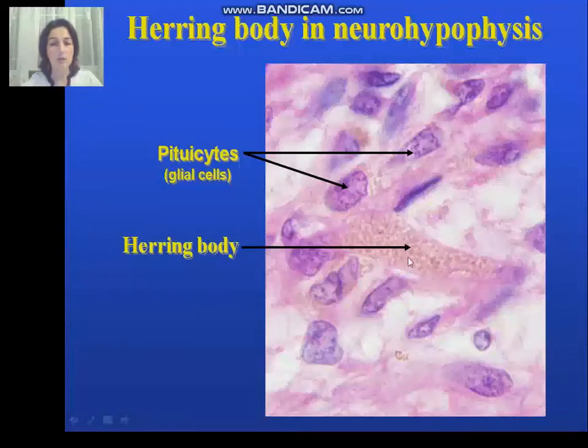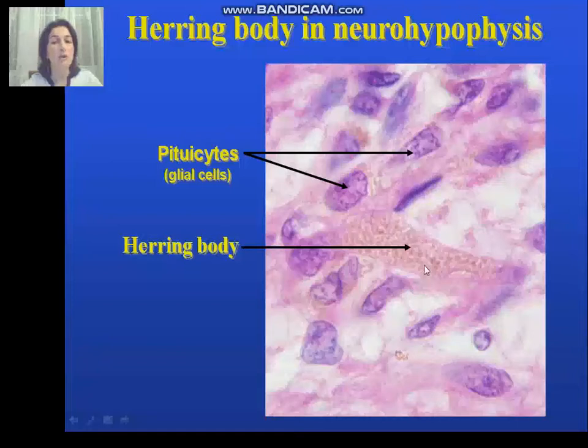These dilatations are called Herring bodies. Inside the Herring bodies, the hormones ADH and oxytocin accumulate. Those hormones are transported here via transporting proteins, neurophysins, inside the axons. Also in the vesicles, calcium ions and ATP are stored and released together with the hormones.